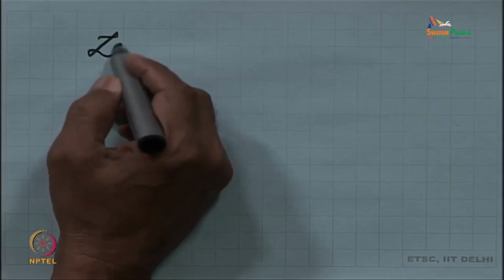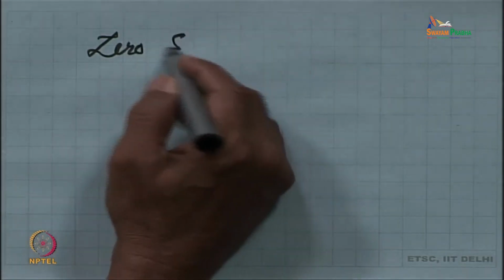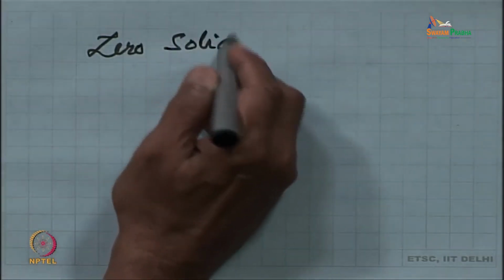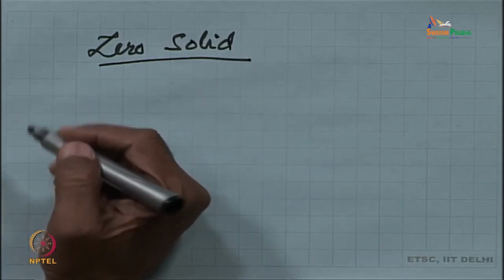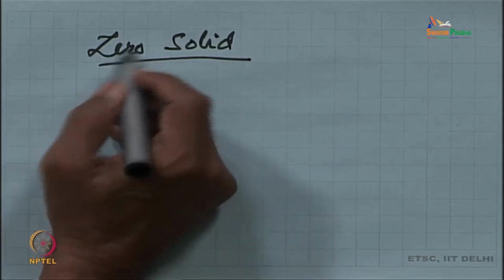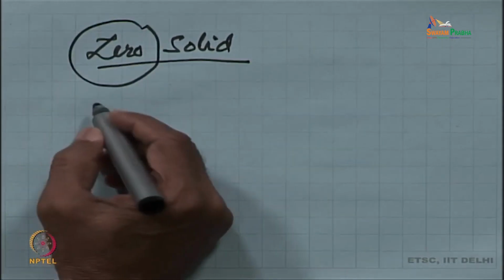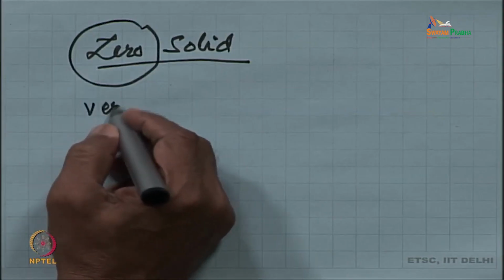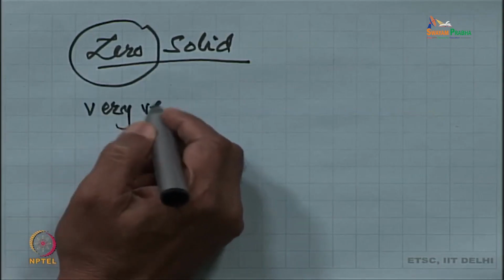But then how did it come to zero solid? The zero solid concept meant no solids, but if you use polyelectrolyte, it cannot be zero in the true sense, but a very low concentration.